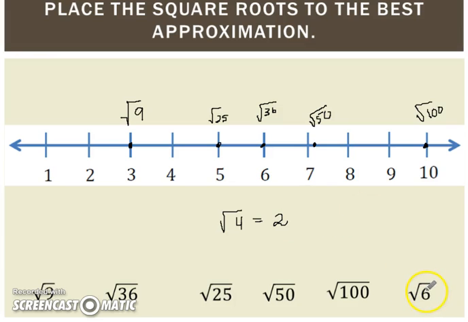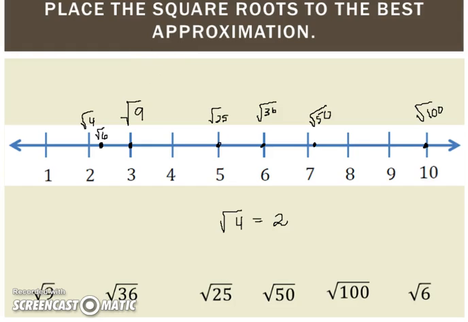So since 6 is between 4 and 9, I know when I take the square root of it, it needs to be between 2 and 3, because here was our square root of 4. And the square root of 6 is closer to the square root of 4 than it is to the square root of 9. I would probably put the square root of 6 about right there. So we're approximating that that's where that square root would be.